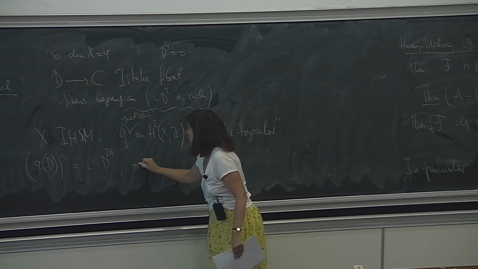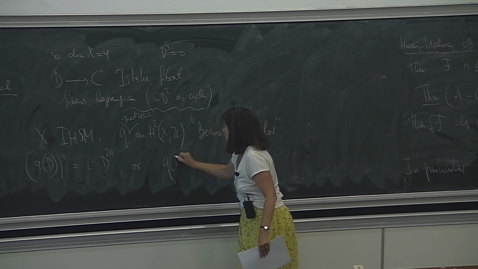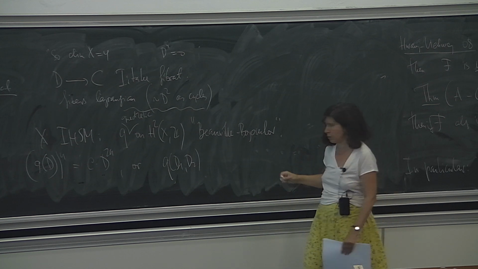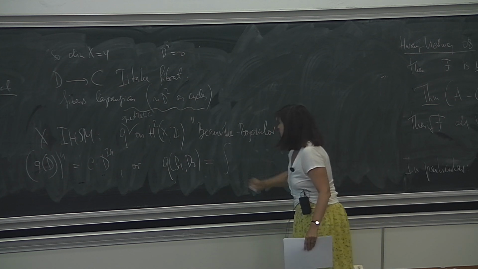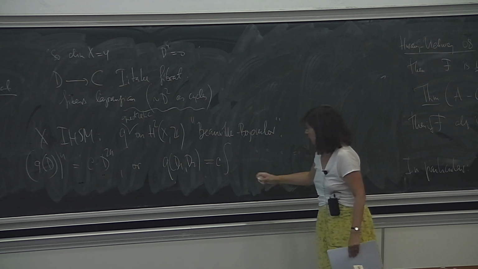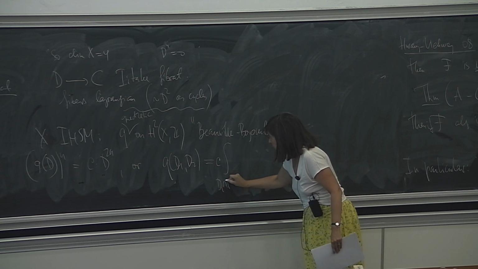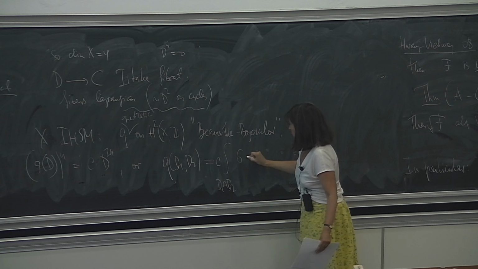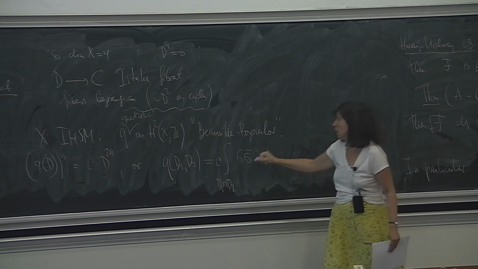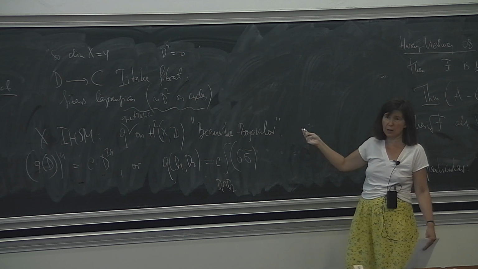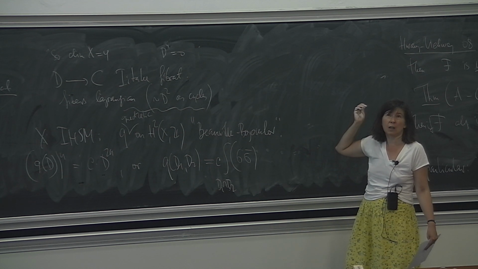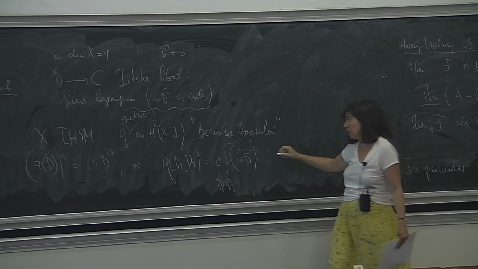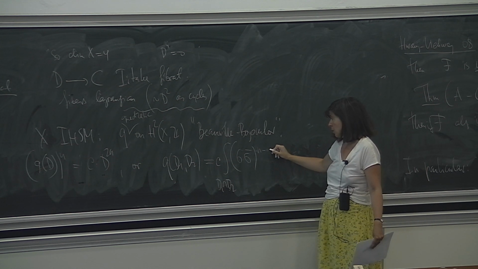Or let's say q(D1, D2). If you have two, let's say, effective divisors, up to a constant, it's the integral over their intersection of sigma sigma bar to the appropriate power. What is the power? n minus 1 or n minus 2? n minus 1, right?